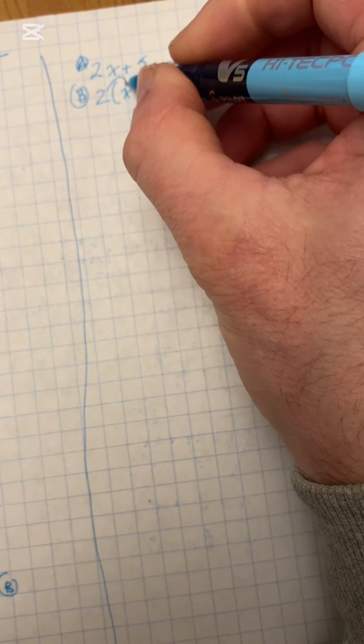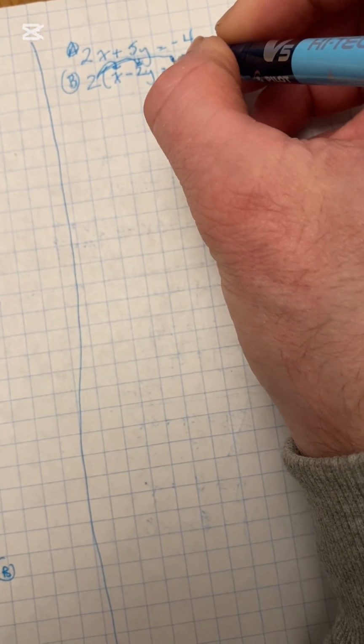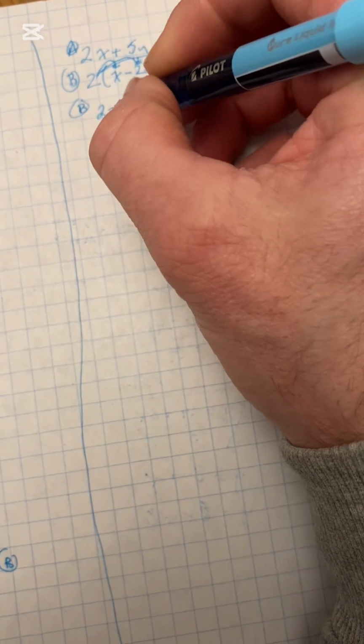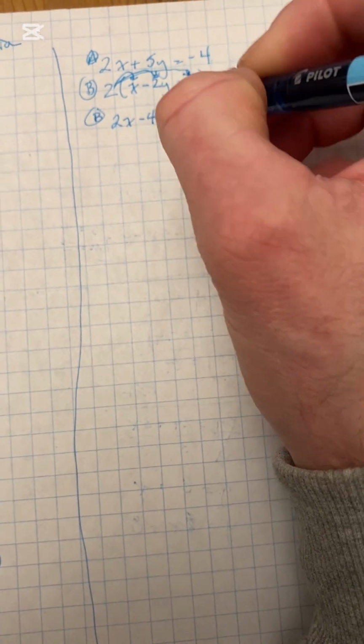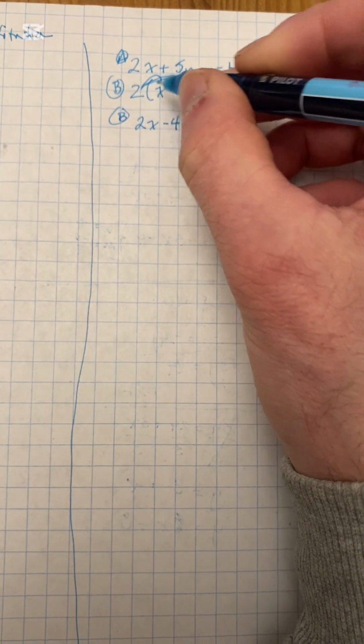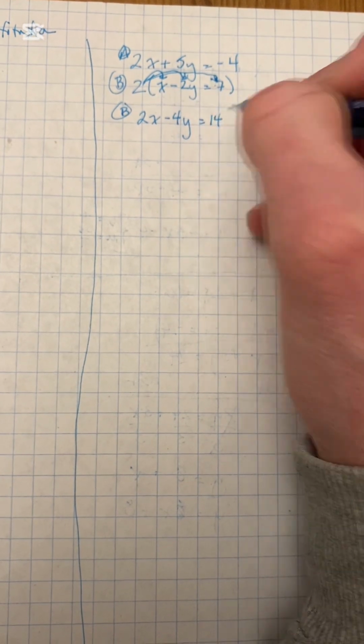So I gotta do that times 2, that times 2, and that times 2. So new B becomes 2x minus 4y equals 14, because I went 2 times x, 2 times negative 2, 2 times positive 7.